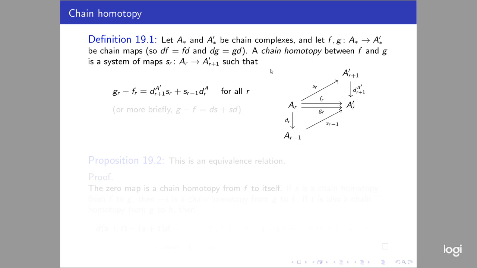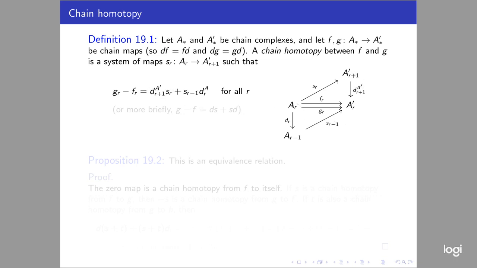And the condition for it to be a chain homotopy is this: if we look at the difference between these two maps, G and F, look at G_r minus F_r, it should be equal to DS plus SD. Or more precisely, we do this S_r and then follow it by a d_(r plus 1) on the A prime. That's our first term here.